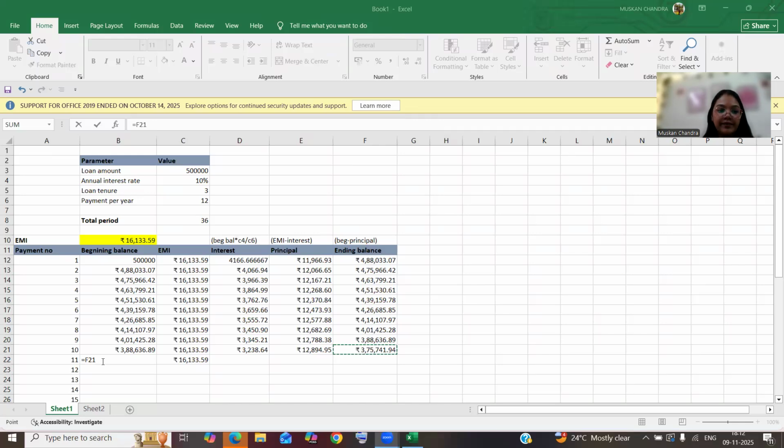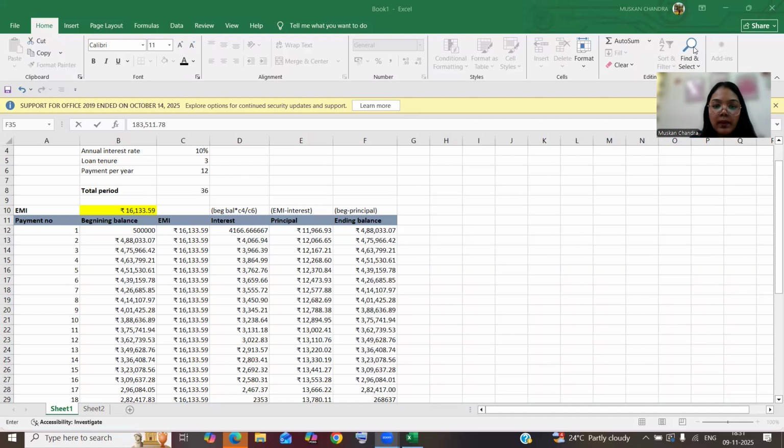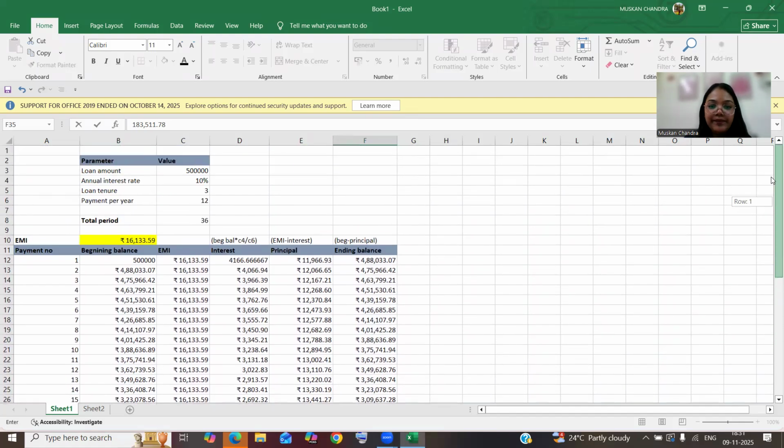So similarly, we will have to do it for 36 months. So we have calculated this for 36 months approximately.